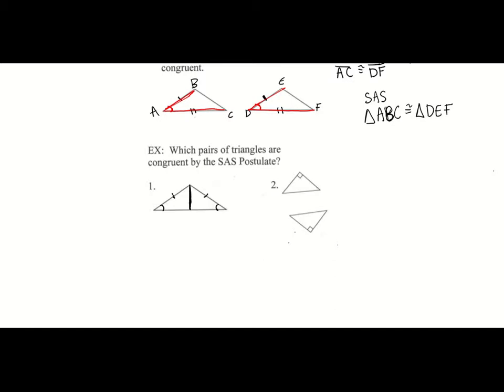So if you notice, we have our one pair of matching sides. We have this side in the middle we know is congruent because it's the same exact line on both triangles.